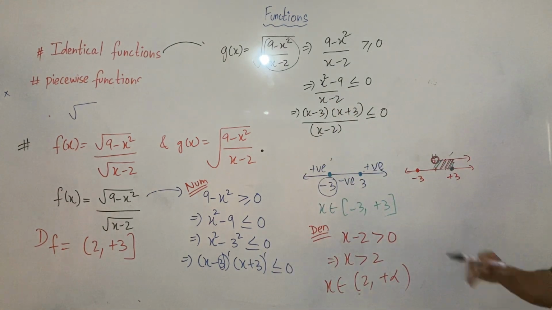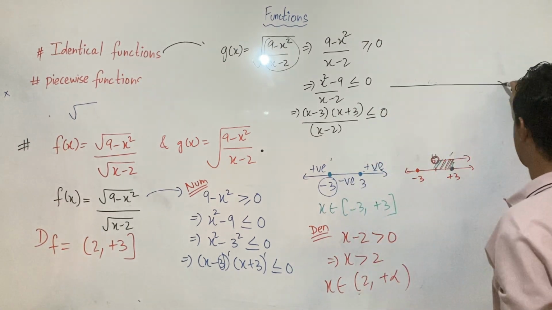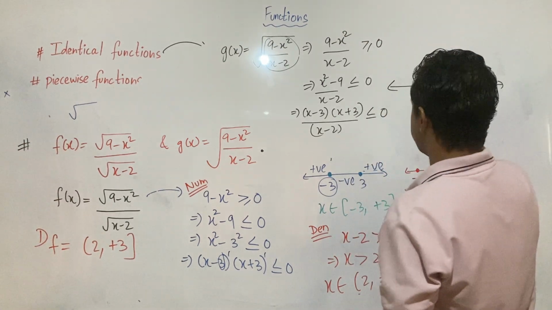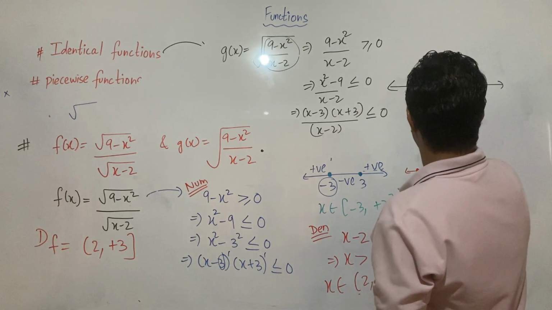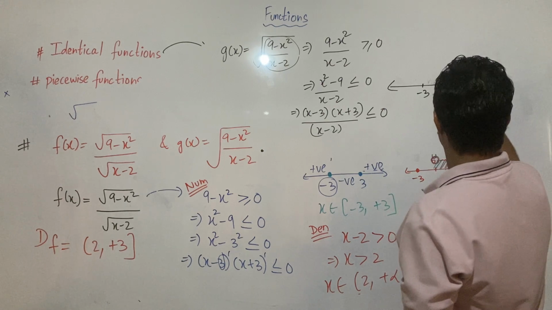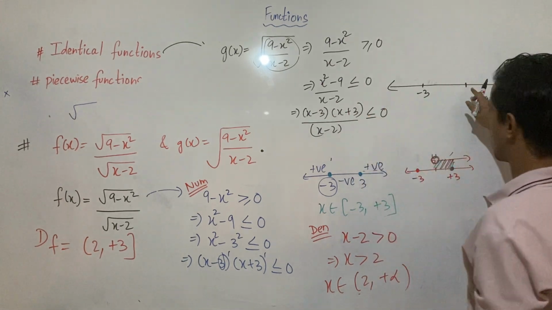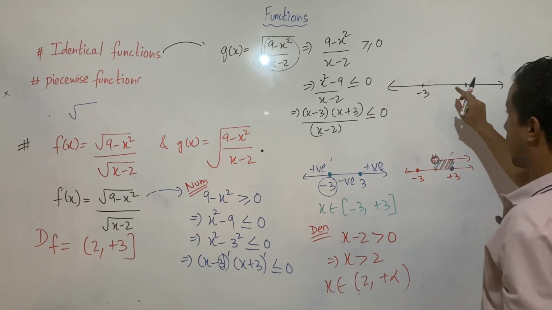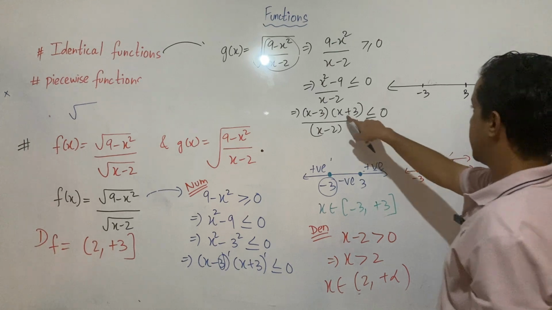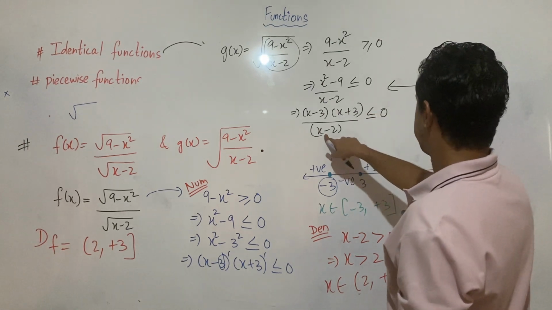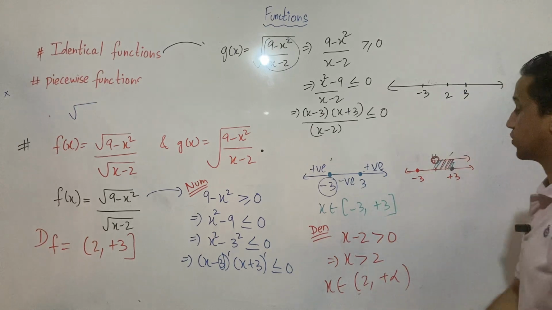Again, the wavy curve method we are going to use. I have told you, wavy curve is a lifesaver. The critical points are 3, minus 3, and 2.